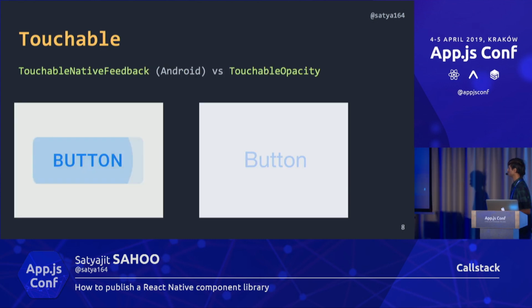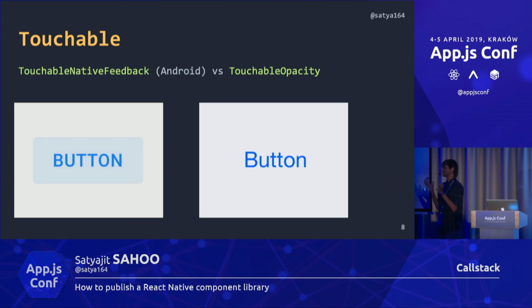So the next one is touchable. You might know that on Android, when you touch a button, there is a ripple effect. And on iOS, there is a fade effect. The opacity changes. React Native provides different components to have this behavior. For Android, there is touchable native feedback. And for iOS, there is touchable opacity.